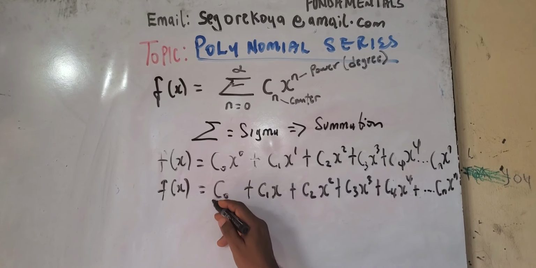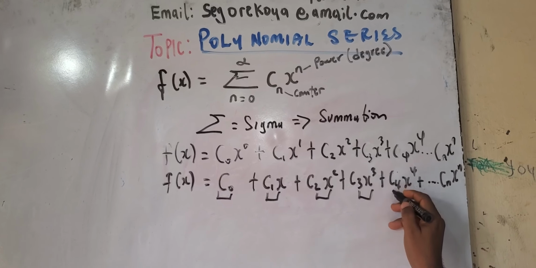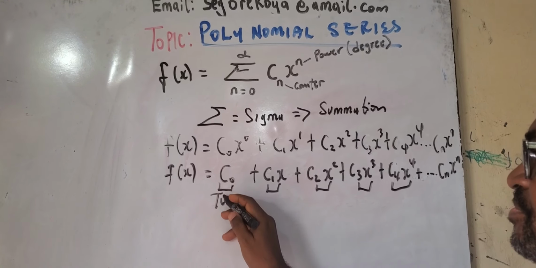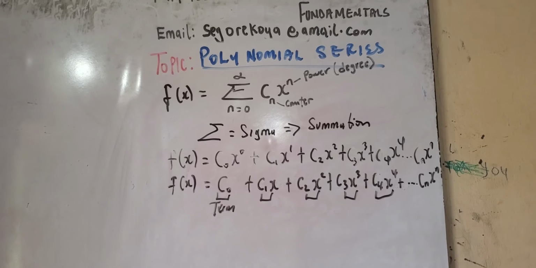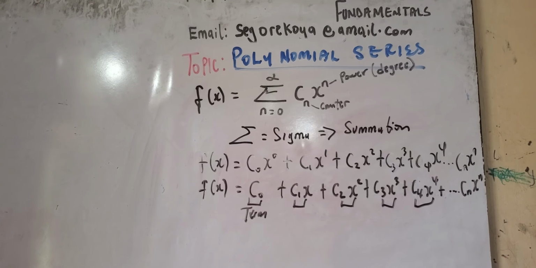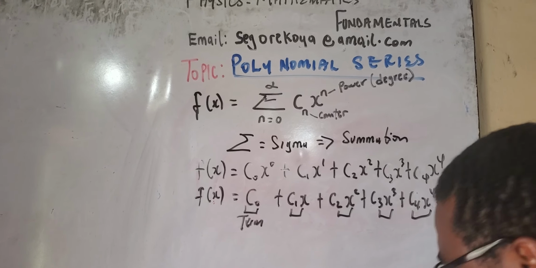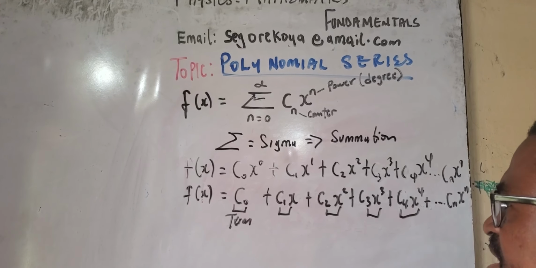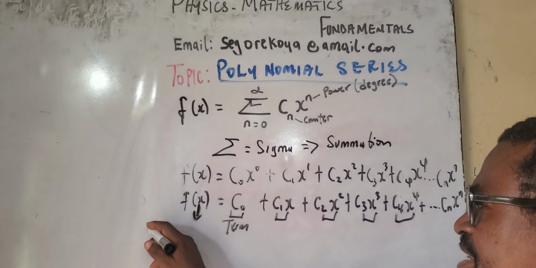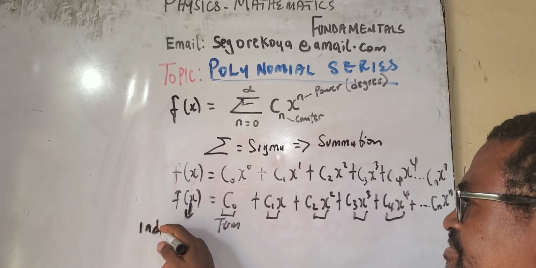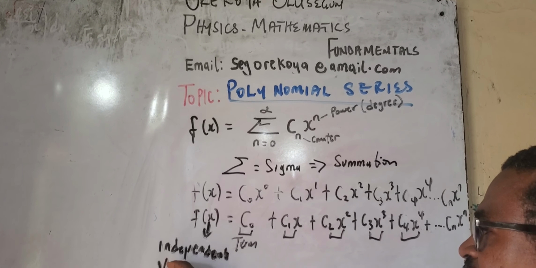So each of these parts of the whole polynomial is known as a term. So polynomial is simply summation of terms in variable x. This x that I have here is known as the independent variable.